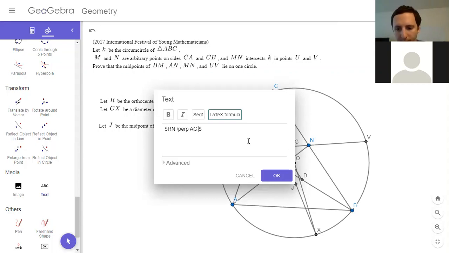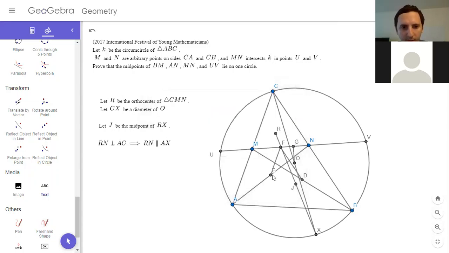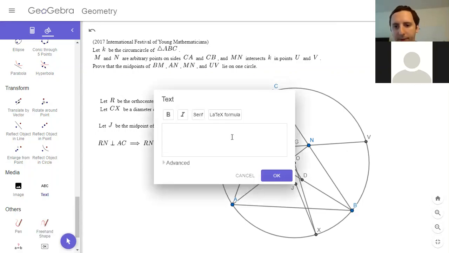So RN is parallel to AX. And since RN is parallel to AX, the line passing through the midpoints of RX and AN is also parallel to both of them.